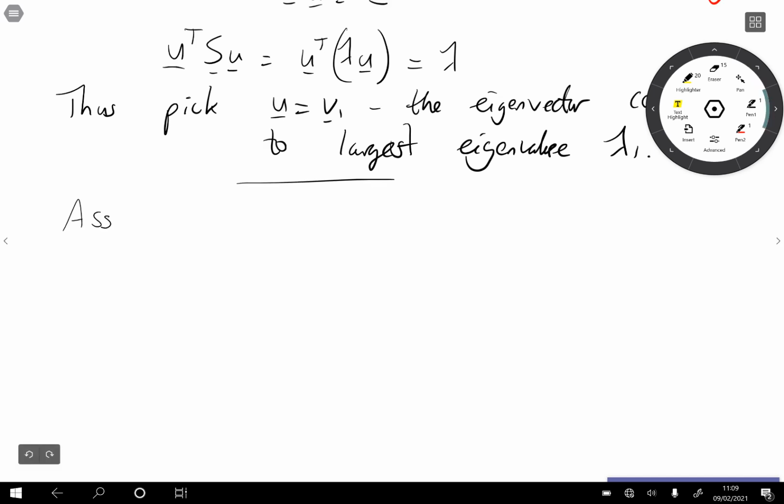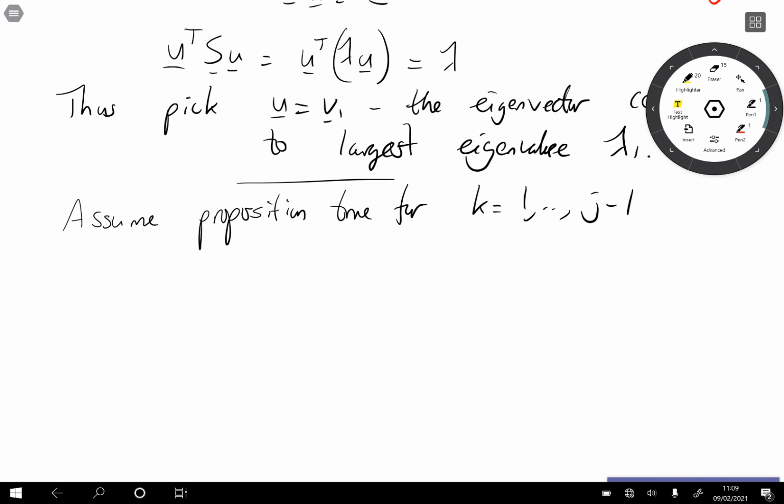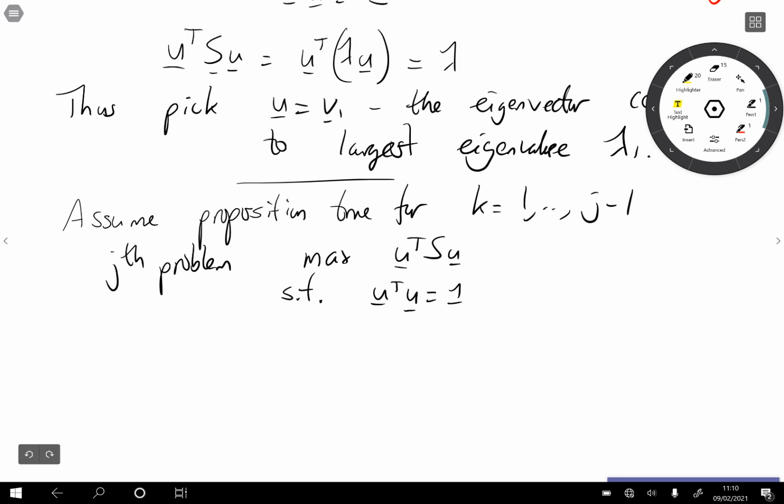So now let's assume the proposition is true for k equals 1 up to j minus 1. So the jth optimization problem was: maximize u transposed S u subject to u transposed u equals 1 and v_k transposed u equals 0 for k equals 1 to j minus 1.